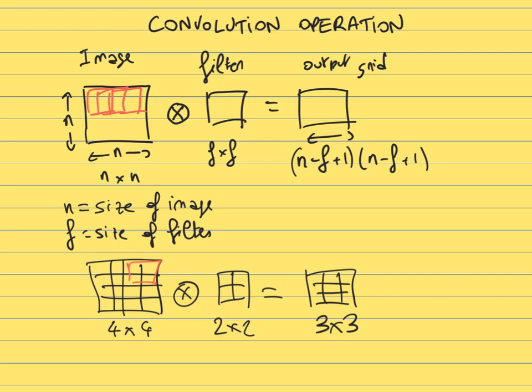So there is one problem with this: you start with a given image, and the output produced by this convolution operation will become smaller. And it can become potentially very small if you use a very large filter.